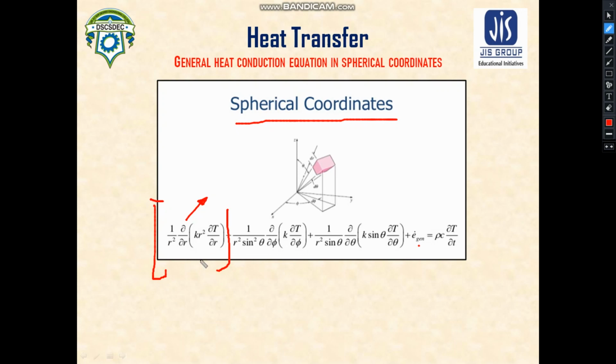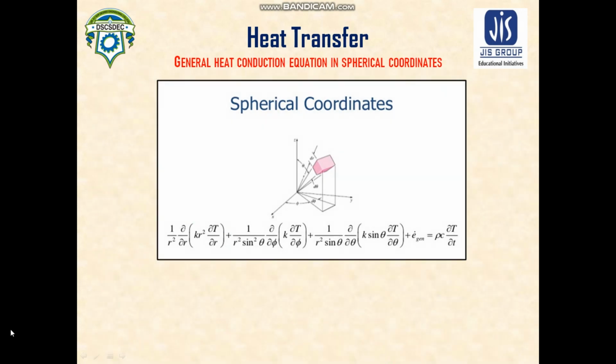So this is the term which refers to the heat transfer in the radial direction for spherical objects. This term would be very important and you need to remember it to deal with the heat transfer problems for spherical objects.